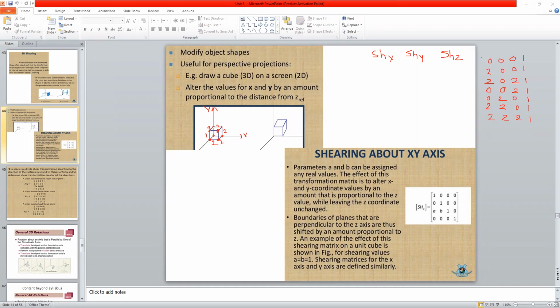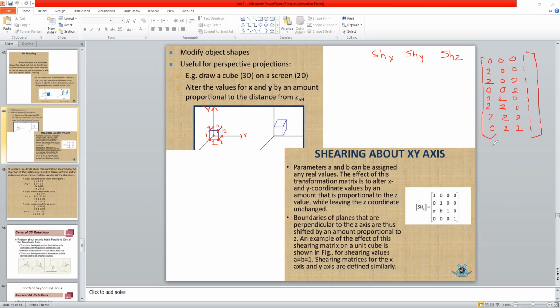And in the YZ plane, the X is 0. So X is 0, Y and Z are 2, 2. Okay, so these are the 8 coordinates.